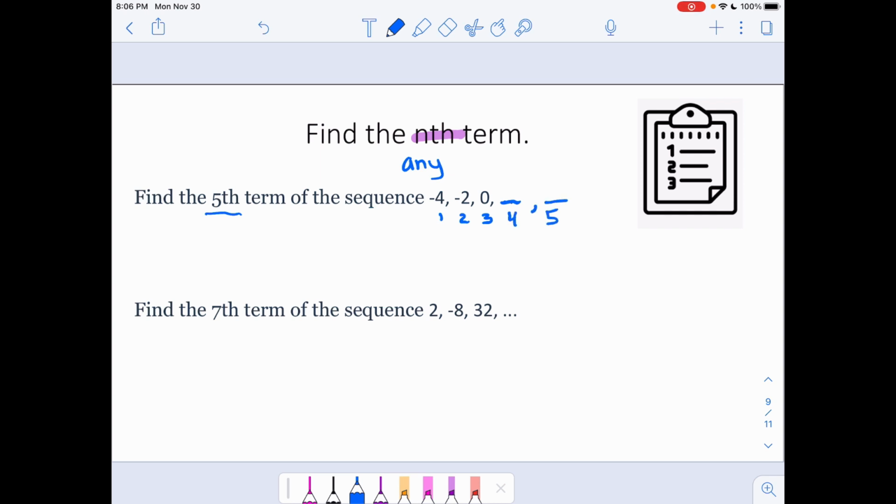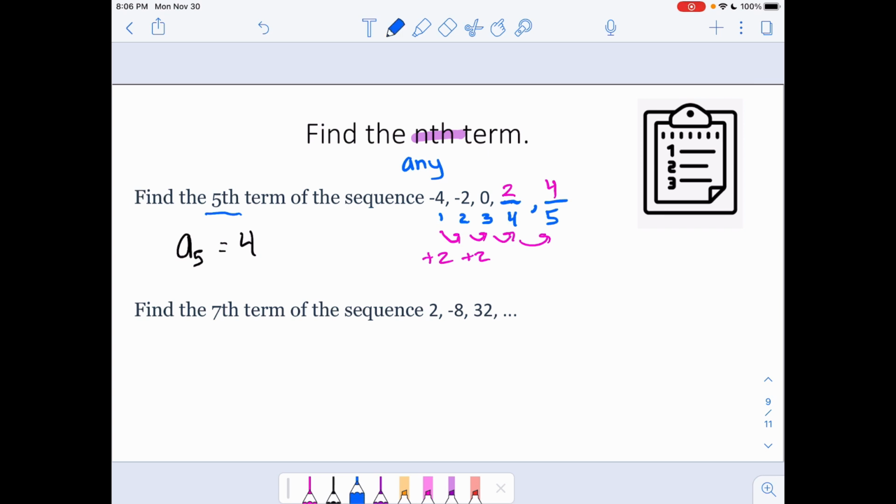I just need to find the pattern. It looks like this pattern is I am adding by 2. So let me continue that pattern until I find the fifth term. Great, it looks like our fifth term, or a sub 5, is 4. That was pretty easy.